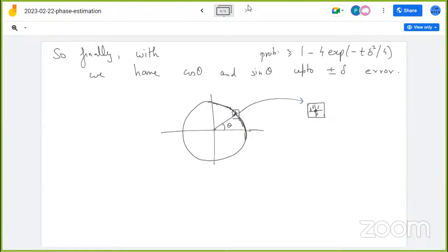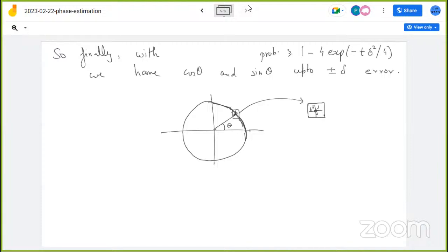The easiest is to find the closest point on the unit circle, in Euclidean distance.